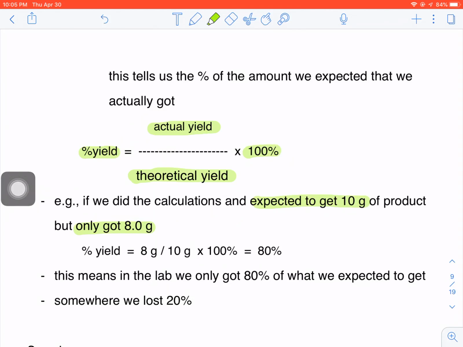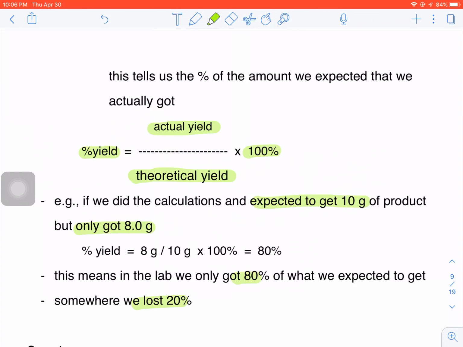That's my percent yield. What that's telling me is maybe I didn't do too bad. If I got an 80 in a class, I might be pretty happy with that. But if I'm a company, I've lost the other 20%, which is what's been lost.